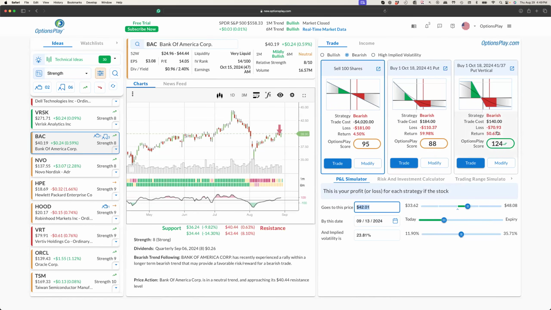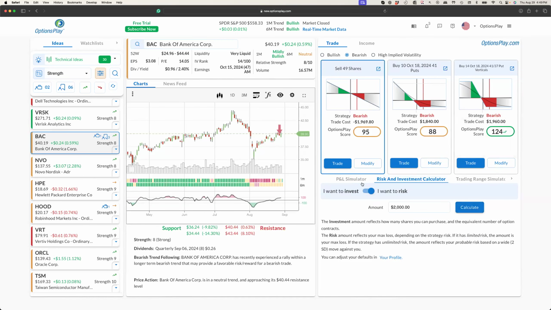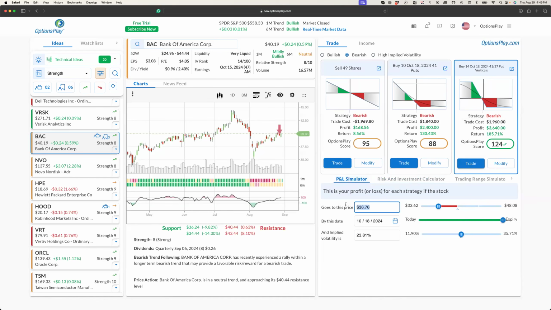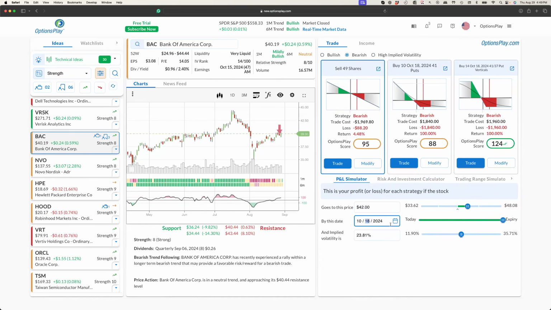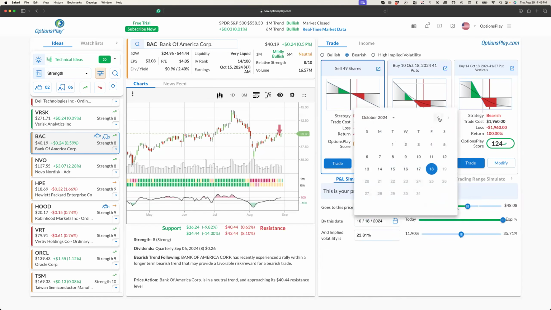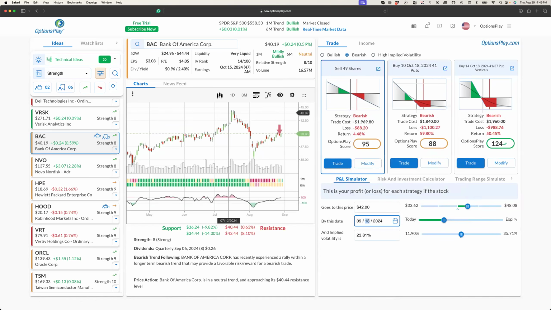What you're risking in this particular case is 50% of the premium that you paid. This way, you're not risking $2,000 on a trade, right? If the scenario that we just said plays out, at $42 halfway through by September 13th, the stock has drifted higher. Instead of risking $1,900, you're only risking $980.